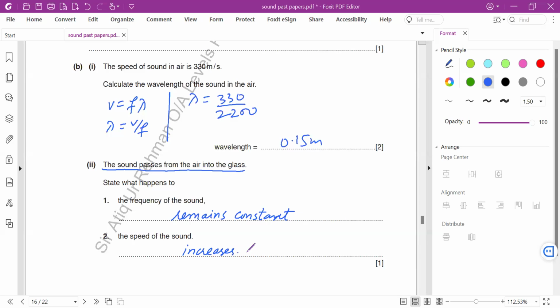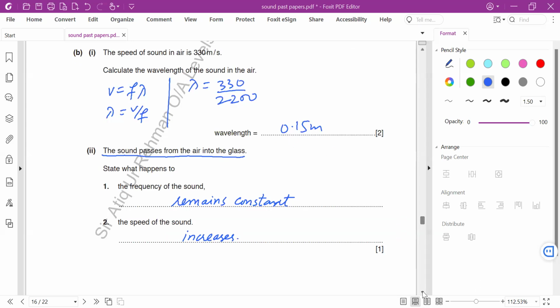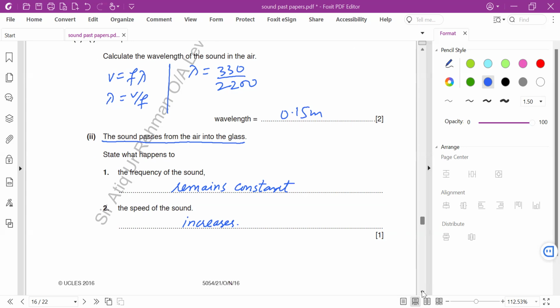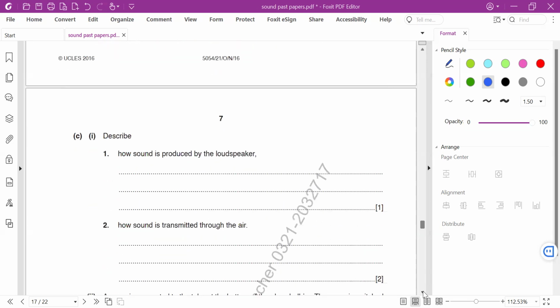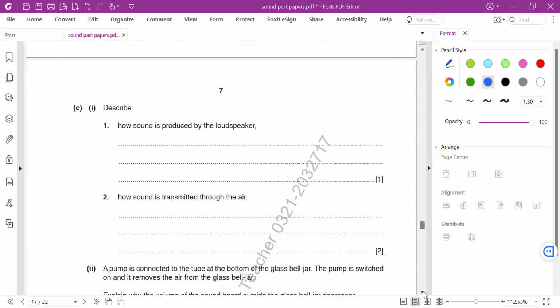So it bends away from the normal because speed increases and wavelength increases. It is the reverse case of light. As light travels from less dense to denser, its speed decreases, wavelength decreases, and light bends towards the normal. But in case of sound, it bends away from the normal, because speed of sound in air is slowest and in solid is largest.